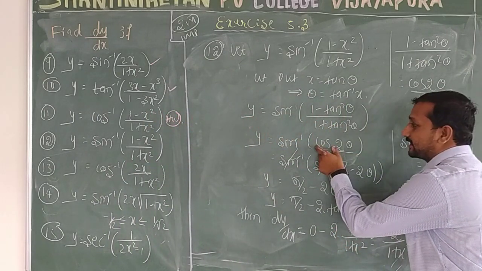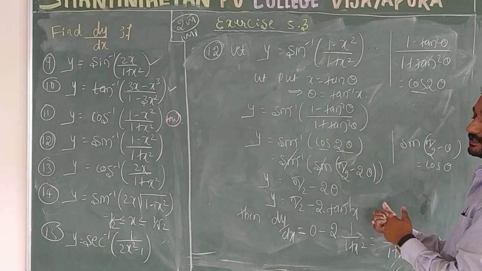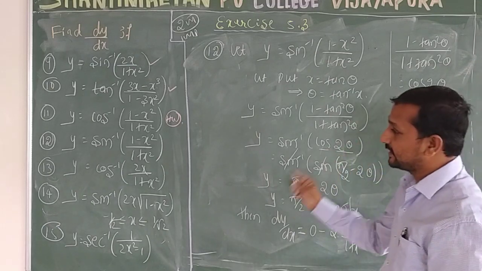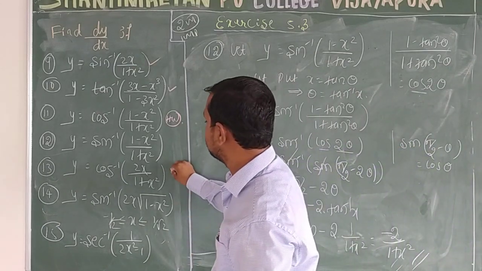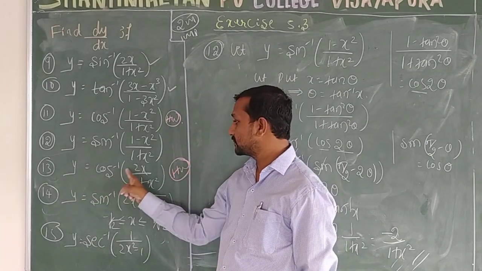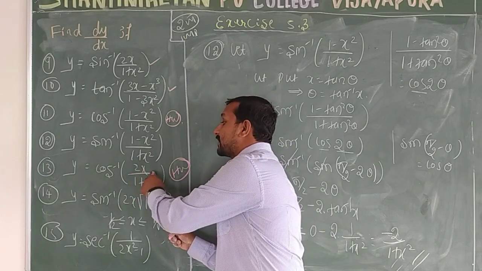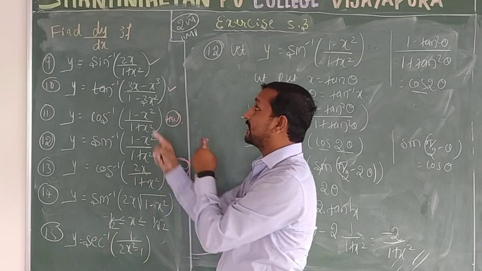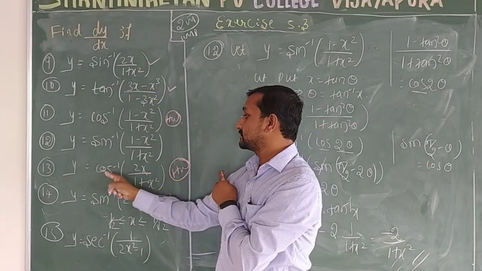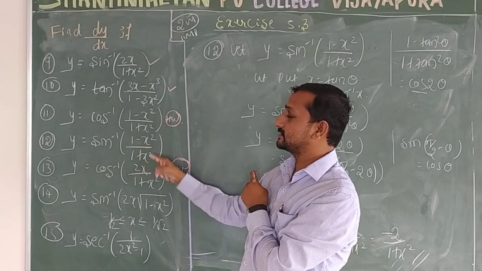This is first cos 2 theta, then the cos function can be converted into a sin function by using 90 minus theta. Is that clear, students? So write down this example. This example is also the same. Y is equal to cos inverse of 2x divided by 1 plus x square. So 2x divided by 1 plus x square is the formula for sin 2 theta. Already we solved that, but here the cos inverse is there, so both examples are the same.